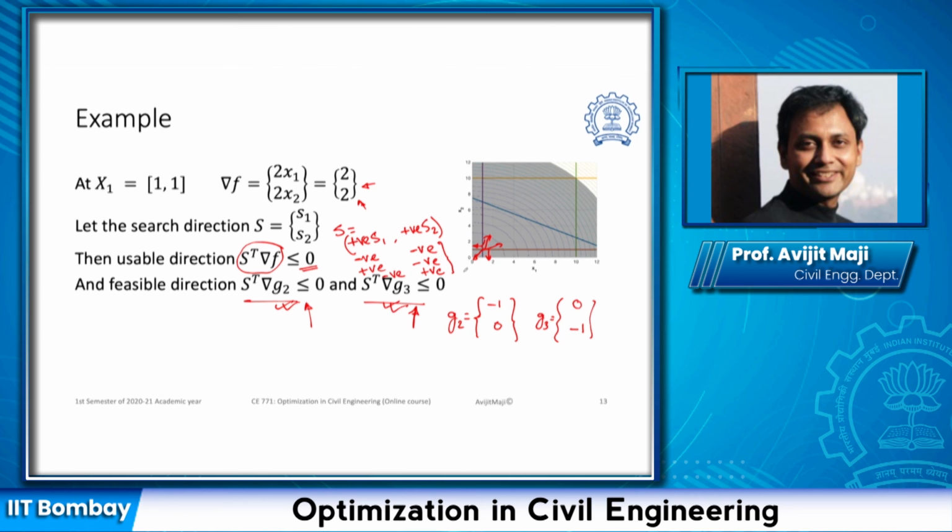So this direction represents both negative, this direction represents one as positive, the other as negative. So X direction is negative and the other one is positive, hence this one is not going to be satisfied, however this will be satisfied.